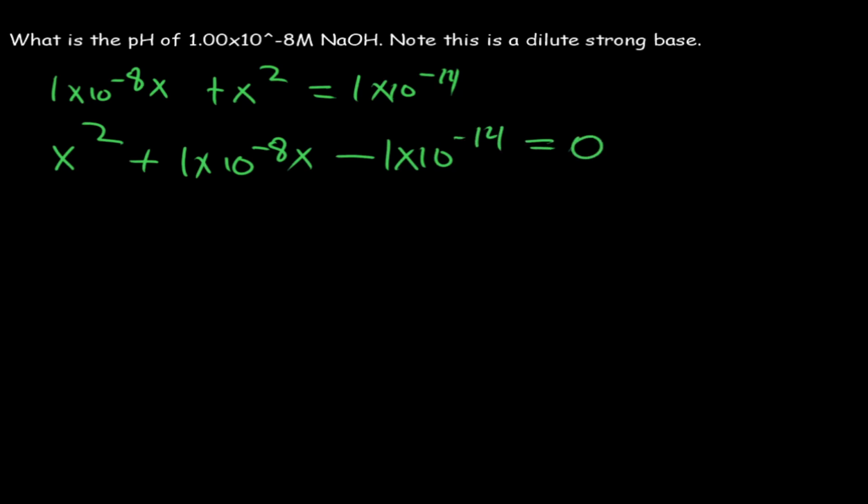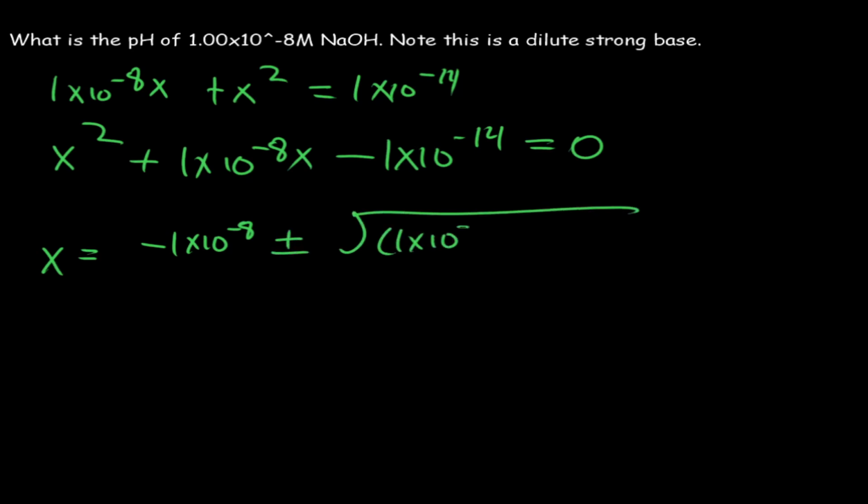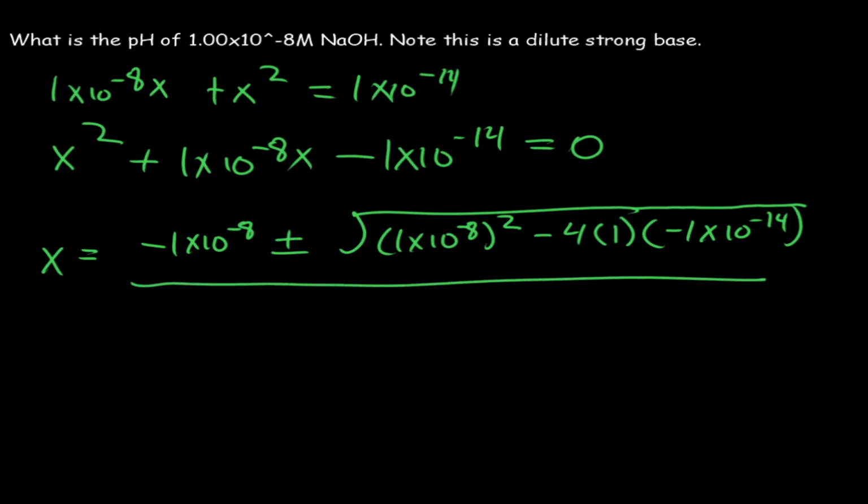And let's use the quadratic formula to solve for x. So x will equal negative 1 times 10 to the negative 8th plus or minus the square root of (1 times 10 to the negative 8) squared minus 4 times a times our c value, all divided by 2 times our a value.